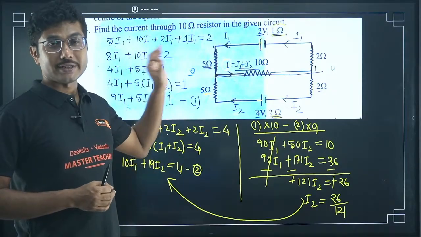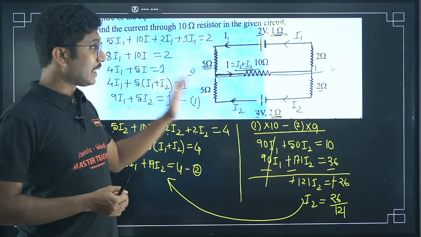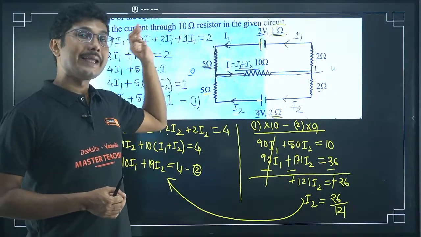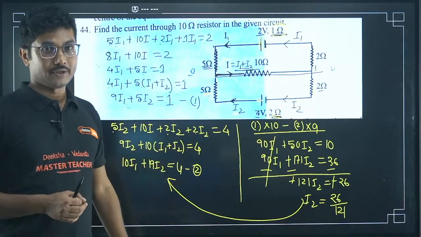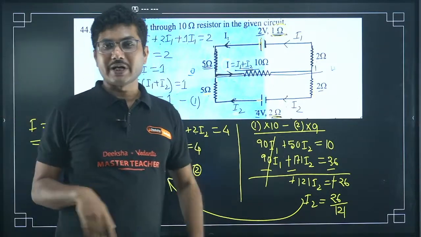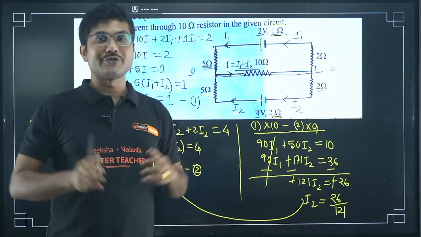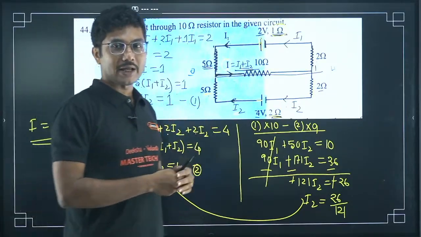It was a very complicated circuit theory question based on a Wheatstone bridge. But the KCL part they had given in the question paper itself: how the currents are divided, which current is I1, which is I2, and how they get merged as I1 plus I2. That was given in the question paper to reduce the time for you.